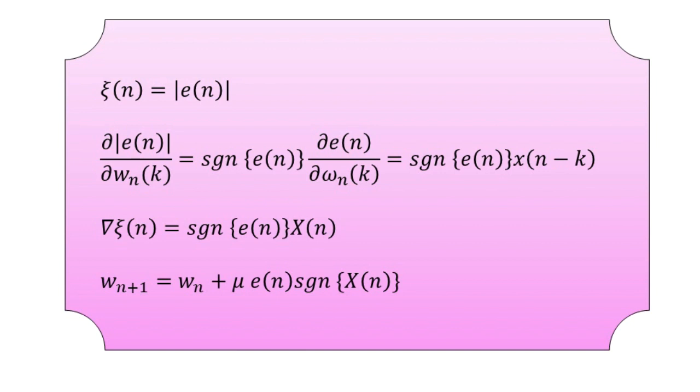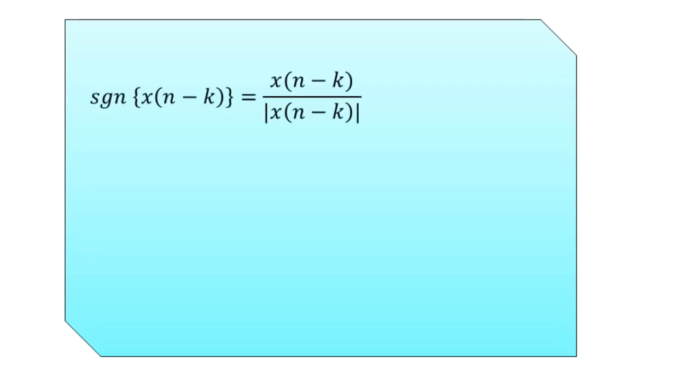Now we can note one thing: the kth coefficient of the sign of the data vector may be written in the form signum of x of n minus k is equal to x of n minus k divided by mod of x of n minus k. So therefore, as in the case of the normalized LMS algorithm, NLMS algorithm, where the weight vector is normalized by double mod square of x of n, the sign data algorithm will individually normalize each coefficient of the weight vector.